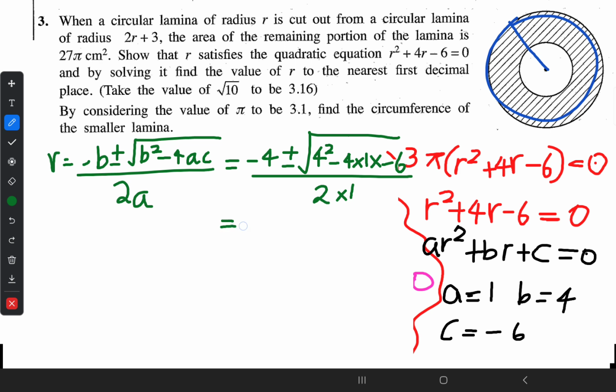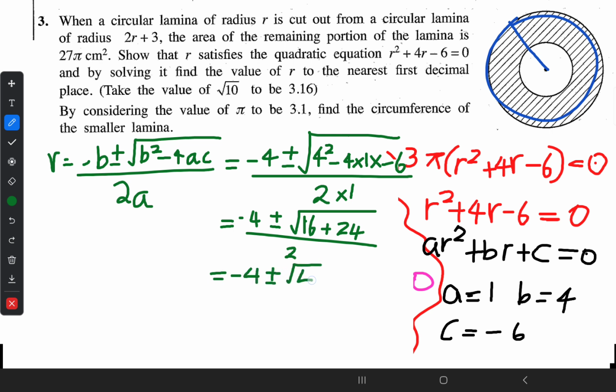Then negative 4 plus or minus, inside the square root we have 4 squared, which is 16, minus into minus plus 24, divided by 2. Negative 4 plus or minus square root of 40.